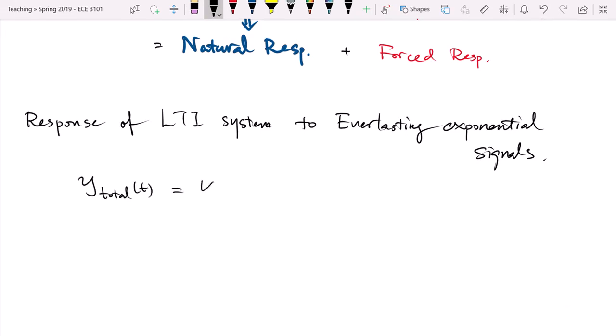Notation-wise, let me use y total to denote the total response. So we'll decompose it into a natural response and a forced response. Y total, y natural and y forced. Okay? Just give them new notations.